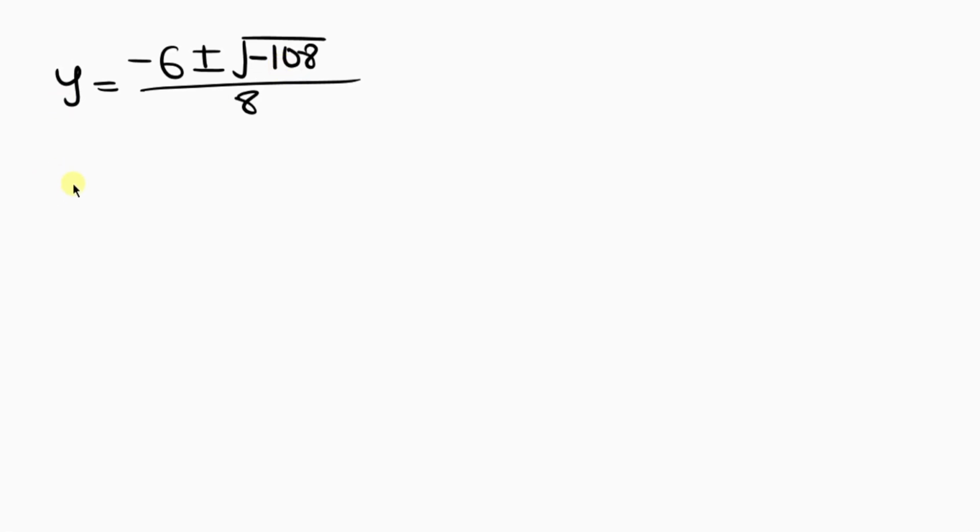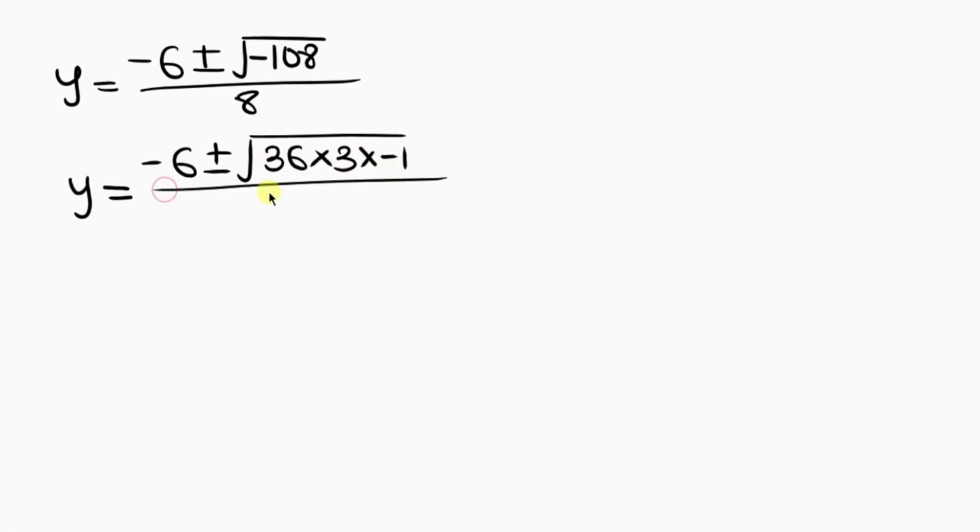So we have y equal to negative 6 plus or minus. Now breaking this down, we have 36 times 3. 36 times 3 gives 108. Then to get the negative, we multiply by negative 1. Very good. All over the denominator 8.